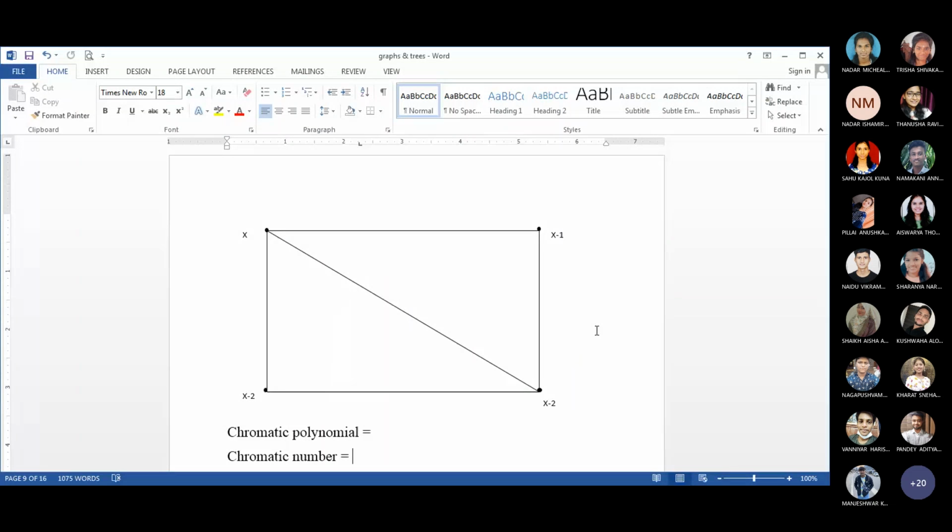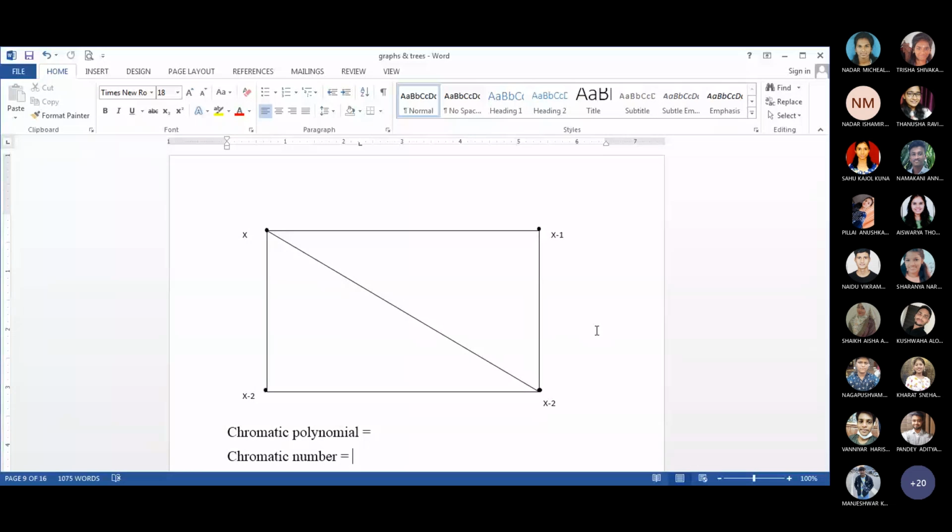I come to the left direction, that is the last vertex. Again in this case I will have x minus 2 possibilities because this fourth vertex is adjacent to vertex 1 and vertex 3. In addition to that, 1 and 3 are also adjacent.